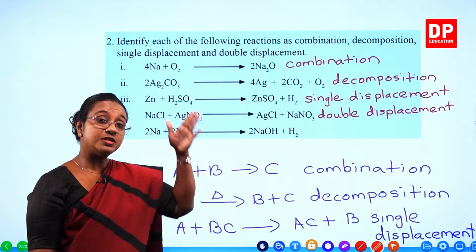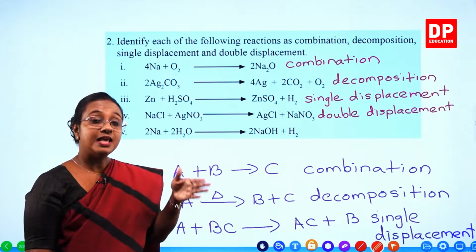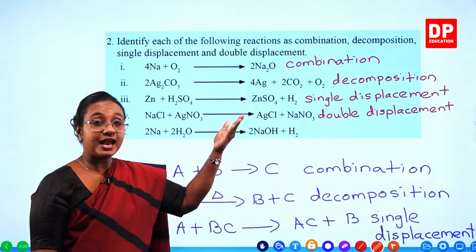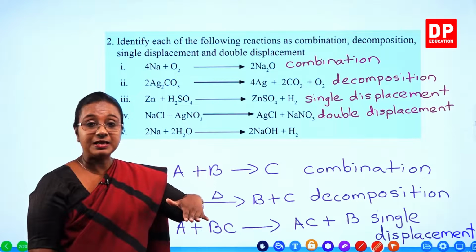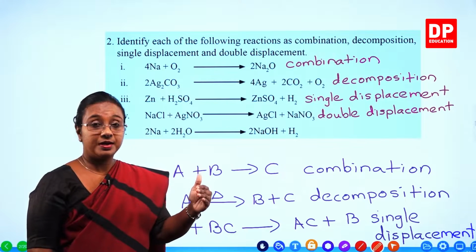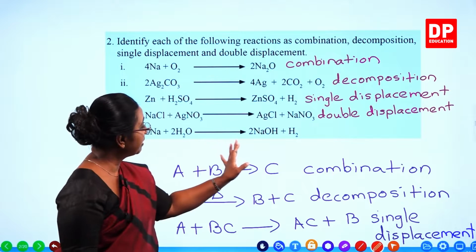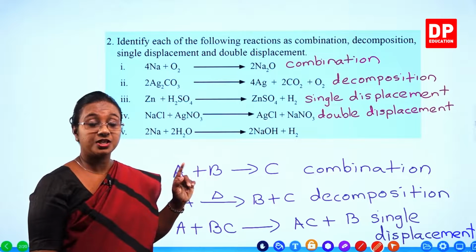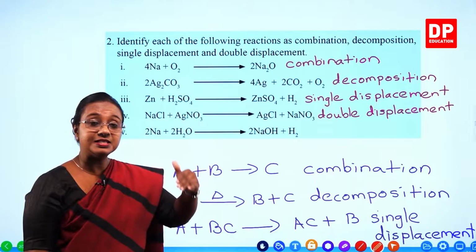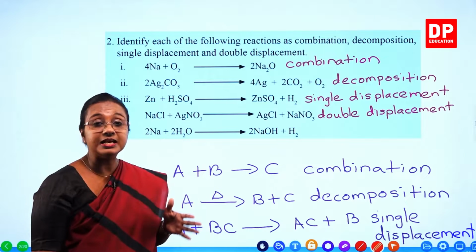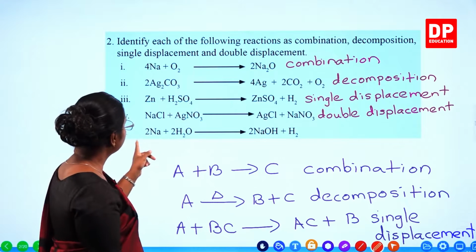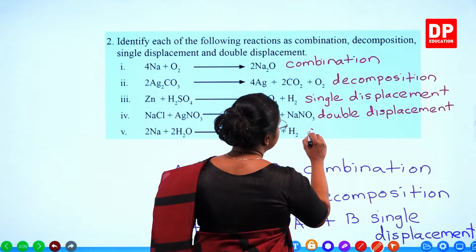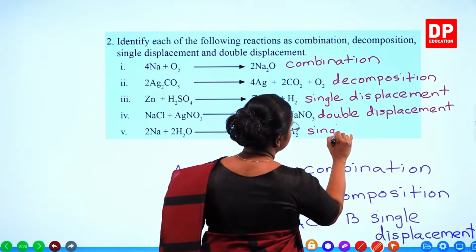You can remember, students, in the activity series, there is hydrogen in the middle. Sodium is at the top, highly reactive. Hydrogen is somewhere in the middle, just before copper. So therefore, you can remember, students, this is a single displacement reaction. The metal that is above can displace the metal below it in the activity series. So sodium plus water giving rise to NaOH and H2 is a single displacement reaction.